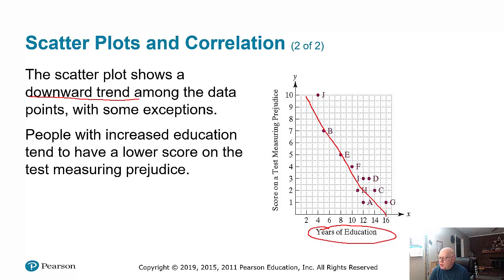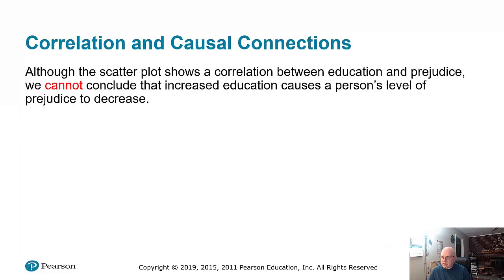And as you go there, the Y values that represent measures of prejudice, according to some tests, get lower and lower the higher the education is, in general. Now, you can't tell if there's a correlation between education and prejudice, but it does look as though there is a pattern. That's all we're looking for. Causal, you can't say.